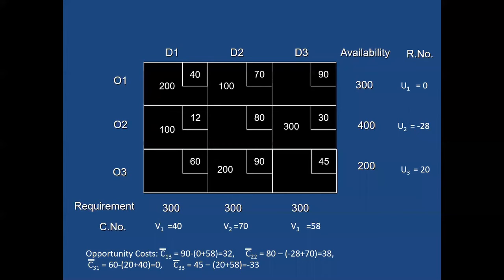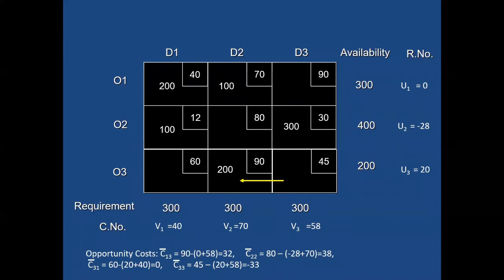So what I do is my C33 or the cell O3, D3 can have some allocations. So I need to create a closed circuit from this cell O3, D3. To do that, I will draw a line. So my first line is coming from O3, D3 and going to 200 where I have the allocations.